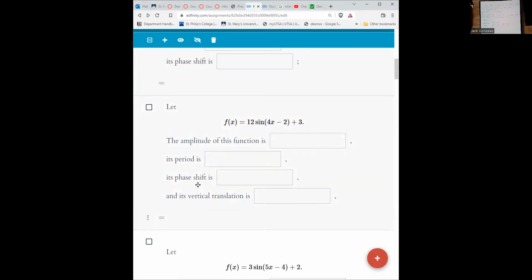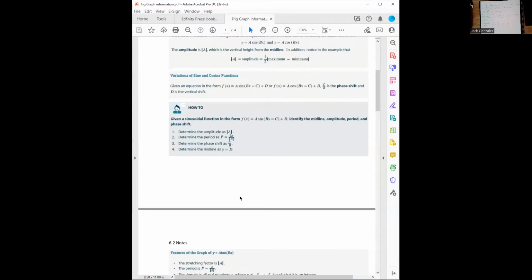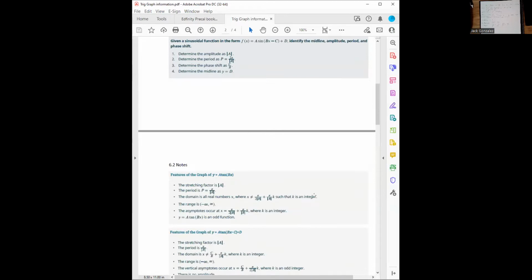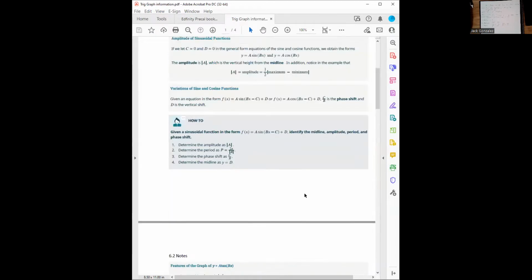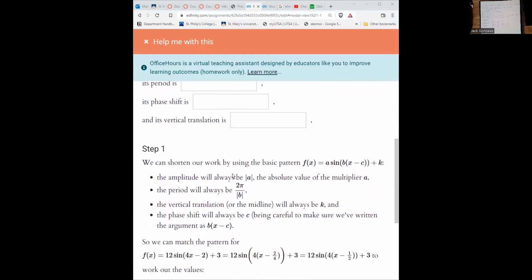This guy here asks about a vertical translation. Let's look at our notes. Okay, here it is. It turns out vertical translation is just another word for the midline, which we've already done.